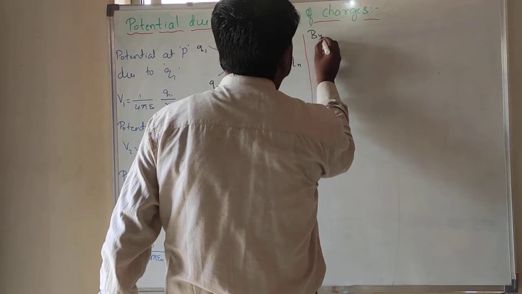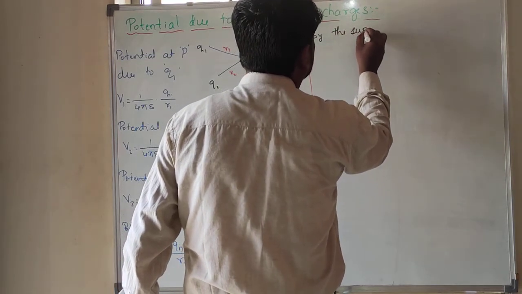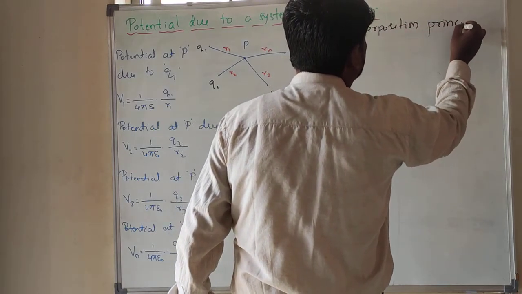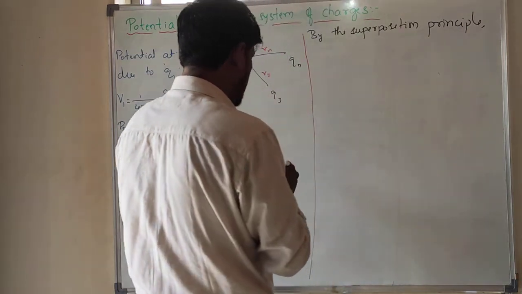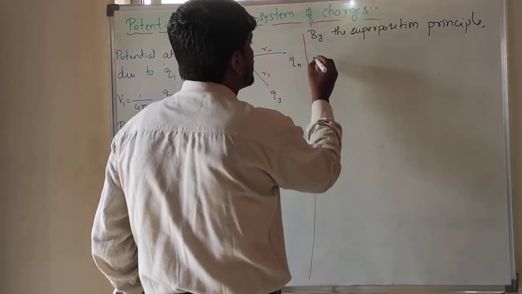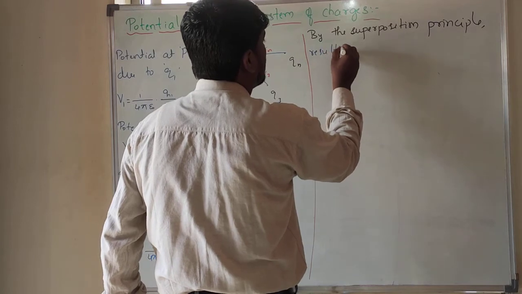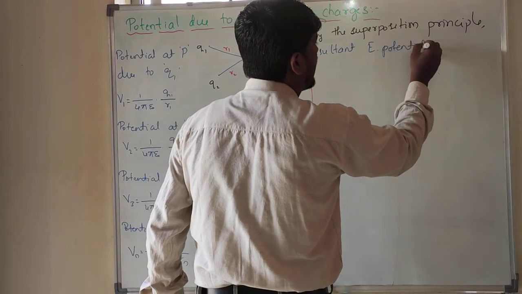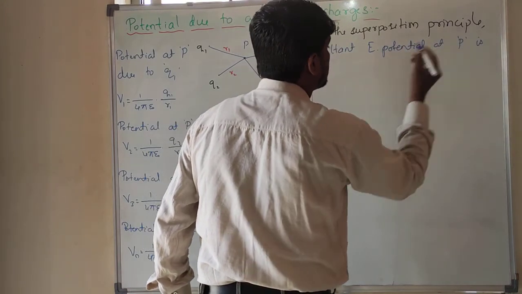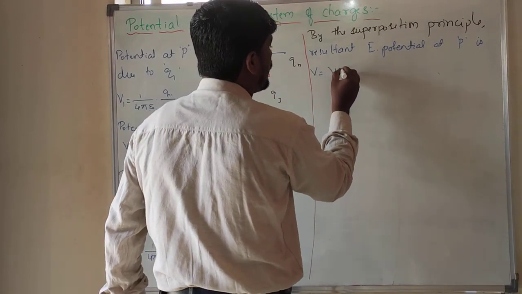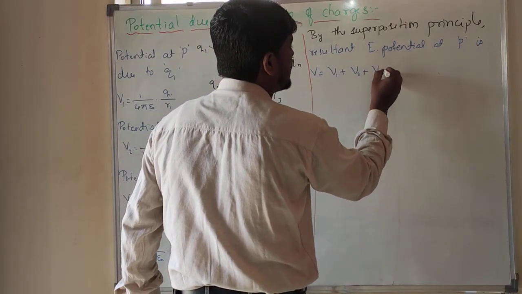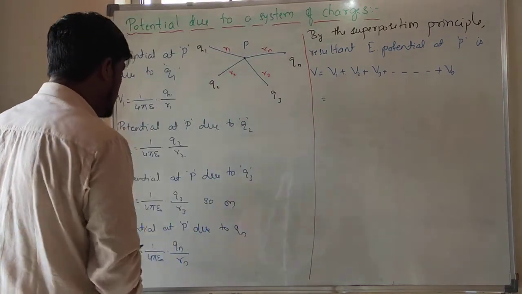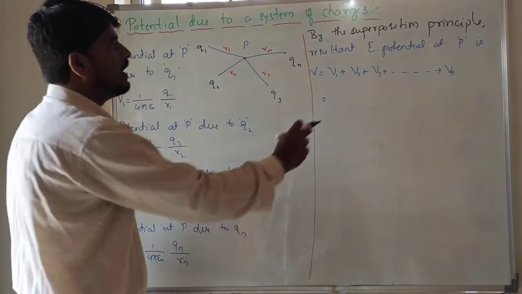By the superposition principle, the resultant electric potential at P is V equal to V1 plus V2 plus V3 and so on plus Vn. So substitute all the individual potentials V1, V2, V3, up to Vn in this equation.